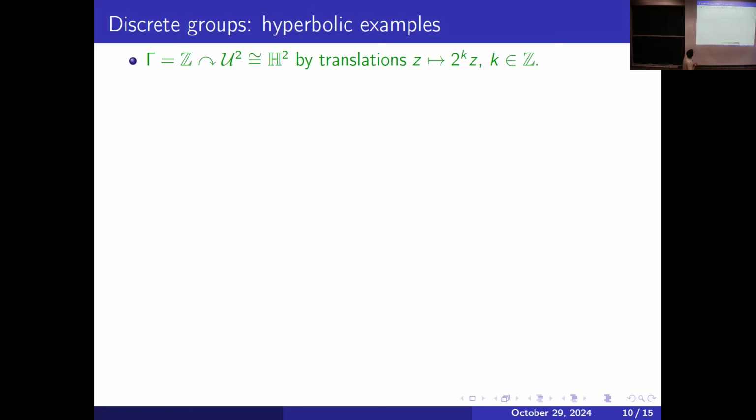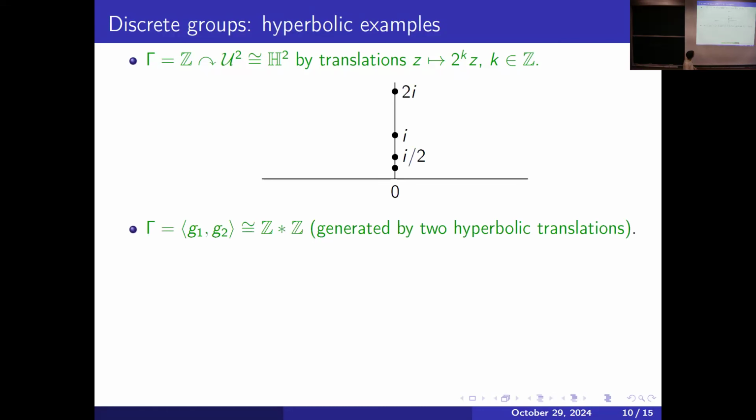But now I'm taking the group gamma acting by translations in the upper half plane model, z maps to 2 to the power of k z, where k is some integer. I just took the point i in the upper half plane model, and this is its orbit. It is discrete, definitely.